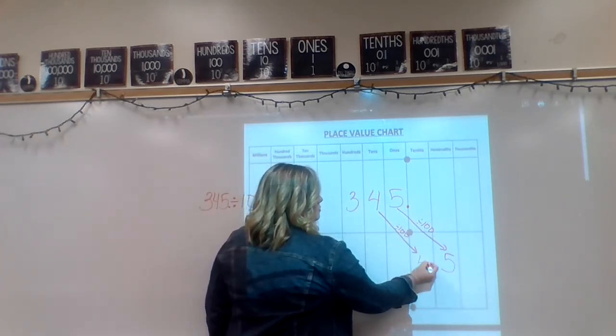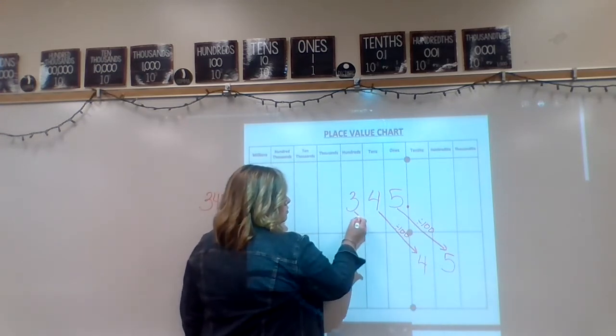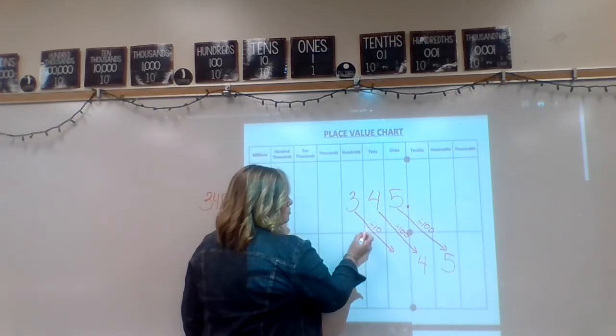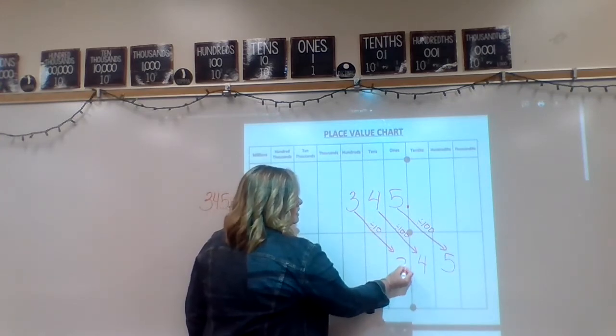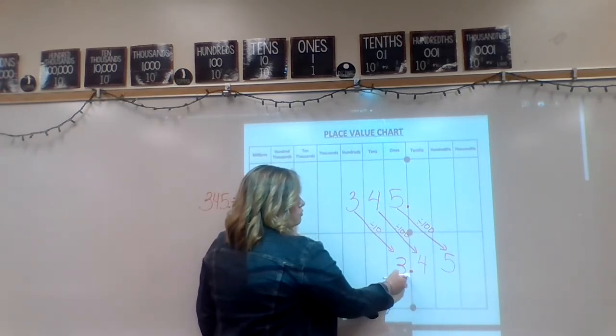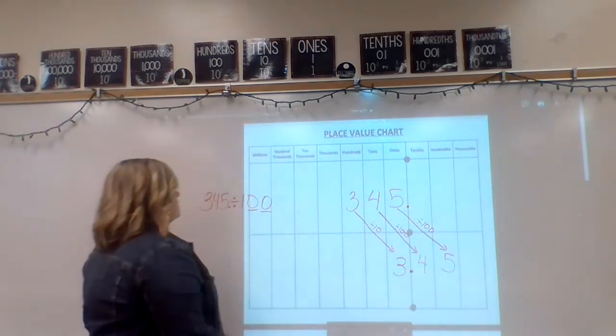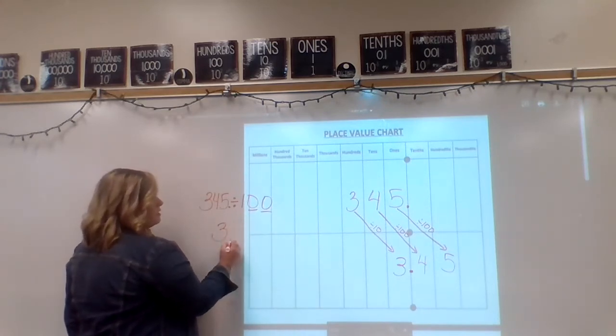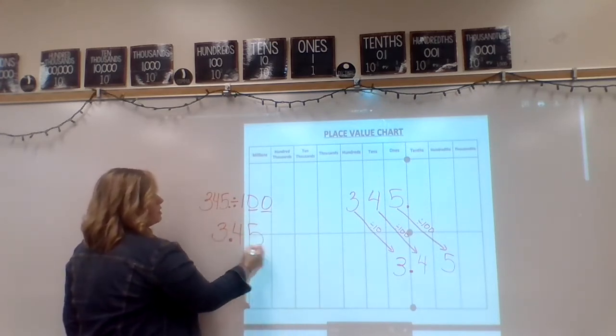The 4 ends up in the tenths place. 3 divided by 100. The 3 is going to move 1, 2 places, and it'll end up in the ones. And now my decimal point is in between my 3 and my 4. So 345 divided by 100 is equal to 3 and 45 hundredths.